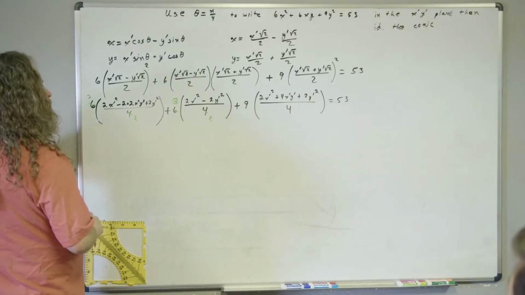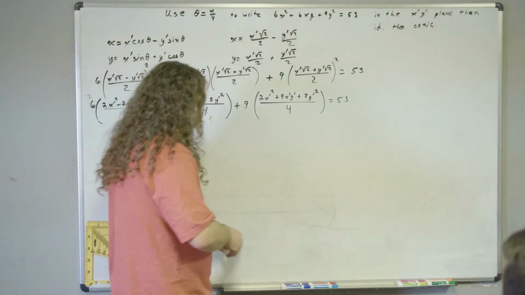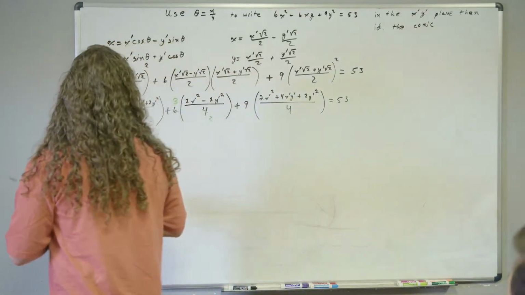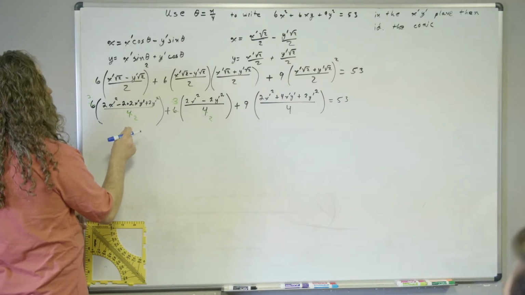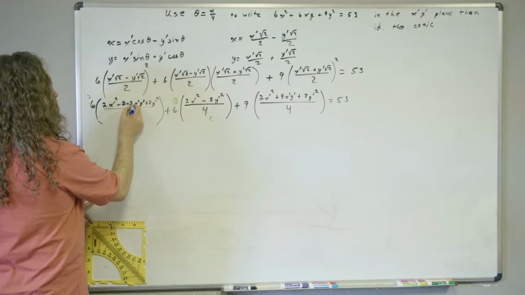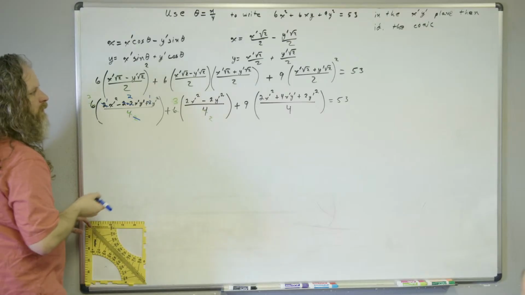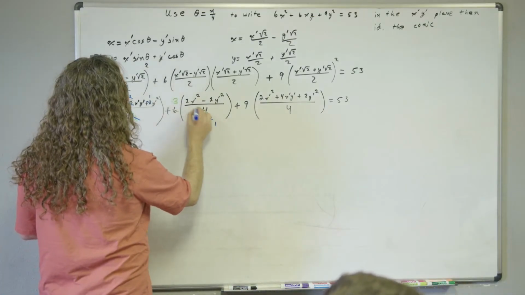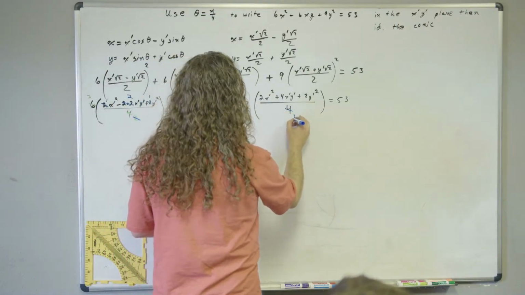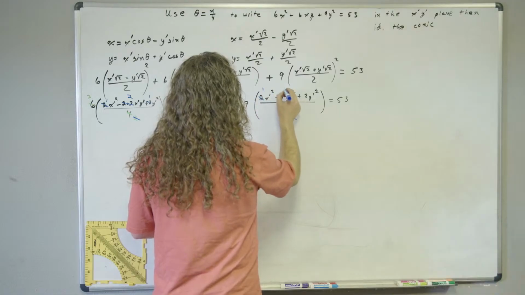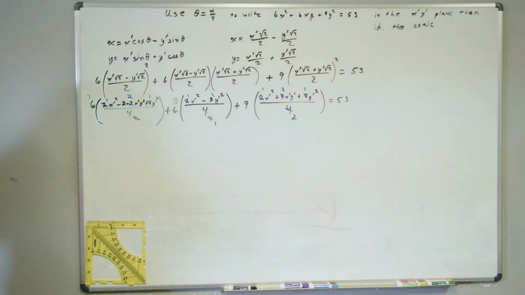Let's do some more reducing. This is 4, right? So 2 goes into this, this turns into a 2, this turns into a 1, and so on. Aren't other colors useful?